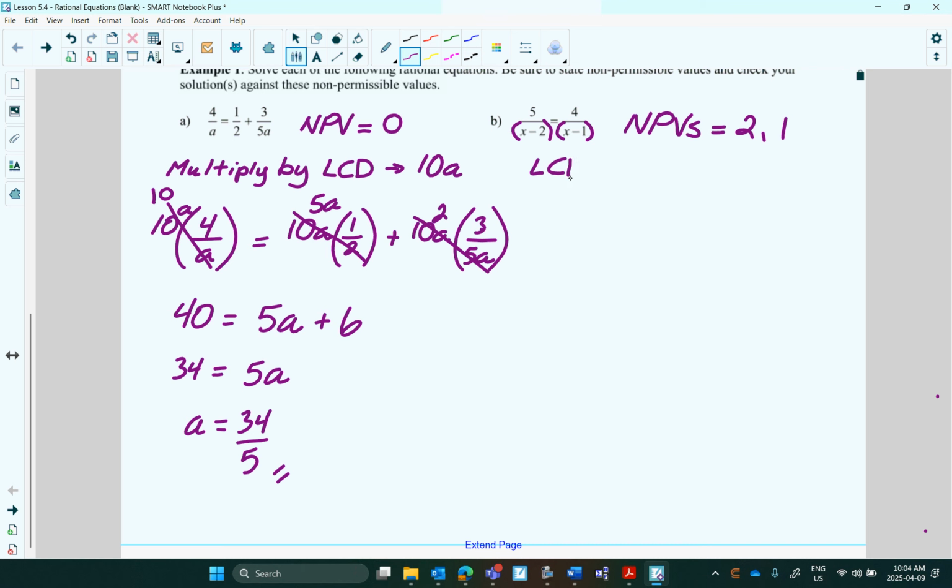What's the LCD? When you've got binomials like this, the way to find the LCD is just to multiply them together. So you can see these are gonna get a little big.